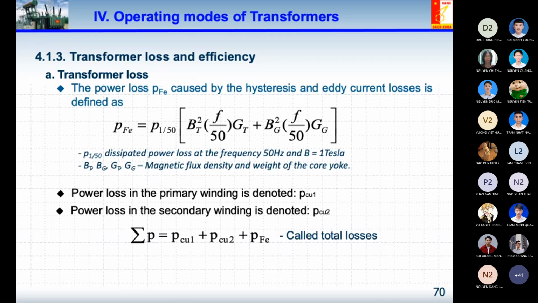Beyond that, if you solve the problem, of course some related parameters you have to take directly from the nameplate.